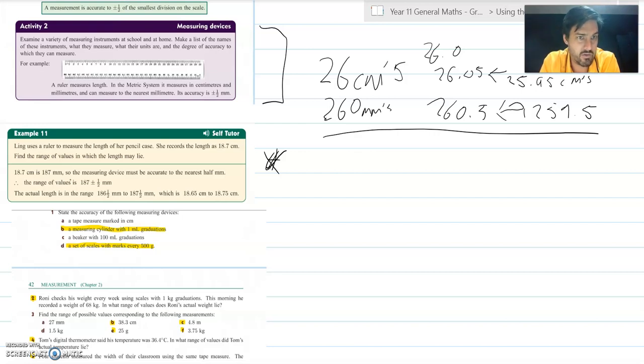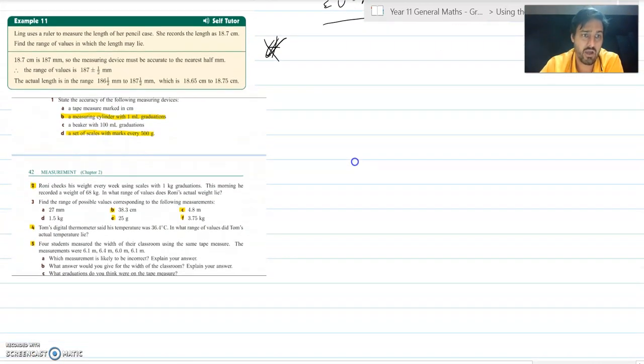Now, because I want you to do the highlighted questions down here in lesson, what I'm going to do is go through a question, and I'm going to choose 3A.